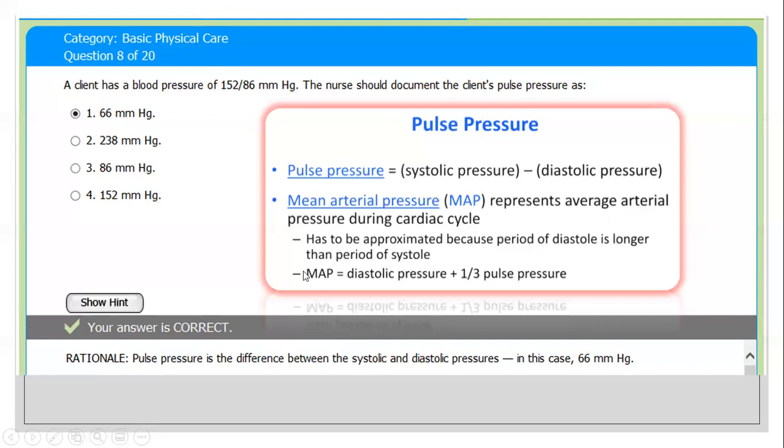We calculate mean arterial pressure as the diastolic pressure, 86, plus 1/3 of the pulse pressure. For this patient, the pulse pressure is 66, so it is 1/3 of 66 added to 86.